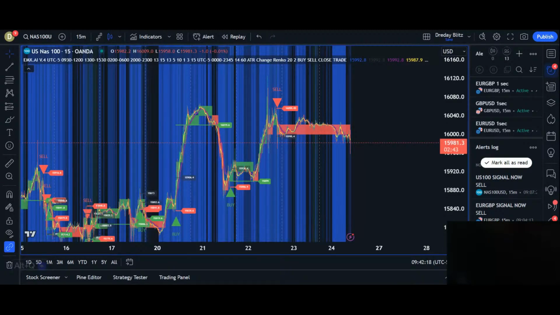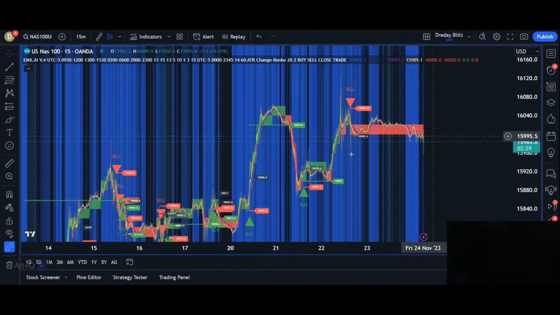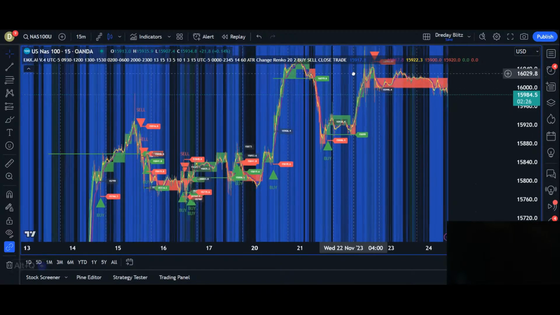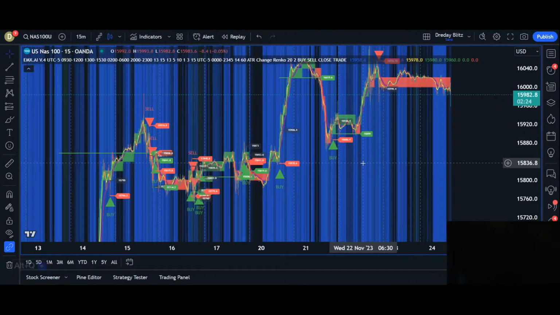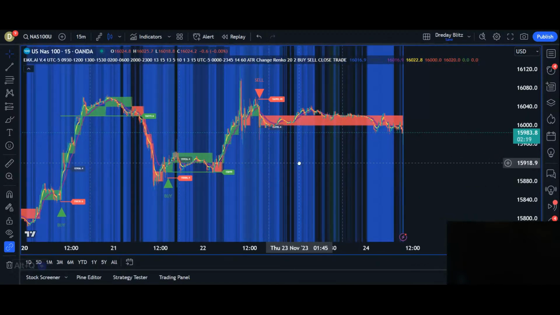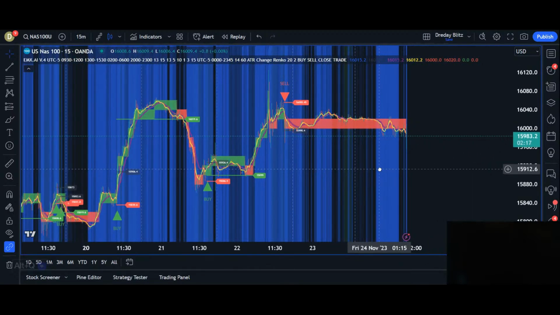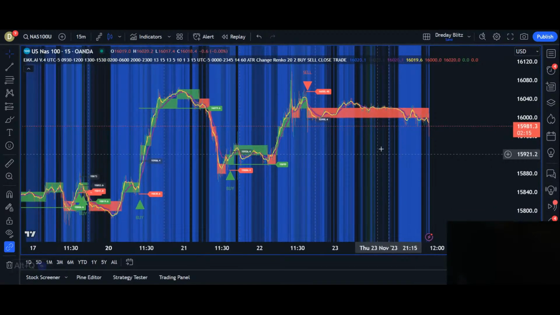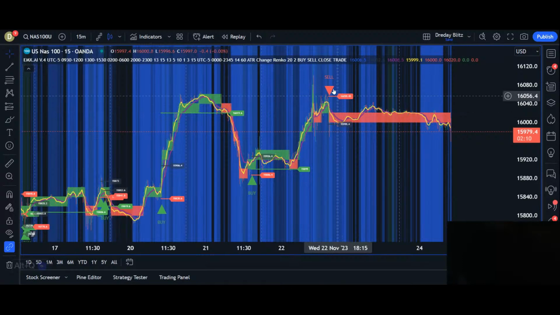So sometimes Nasdaq will give you the setup before, depending on your settings, it will reverse. Based on market movement, it should start to go down because it was consolidating here, still looking for sells.